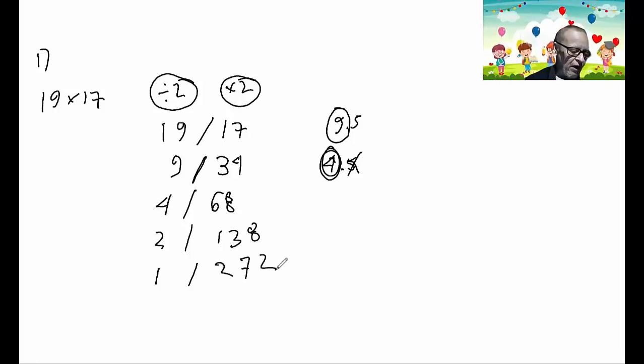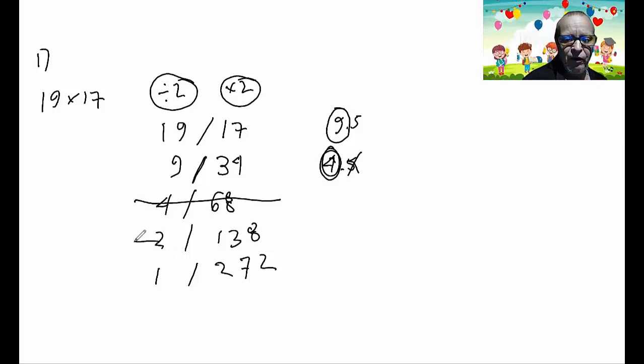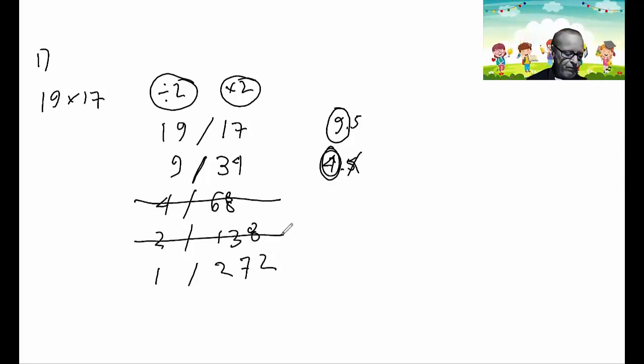Now, the next thing I want to do is cross out, when I look at the column where I divided by 2, any of these numbers that are even. In this case, the only two that are even are 4 and 2. Then I look at the side multiplied by 2 that's left.